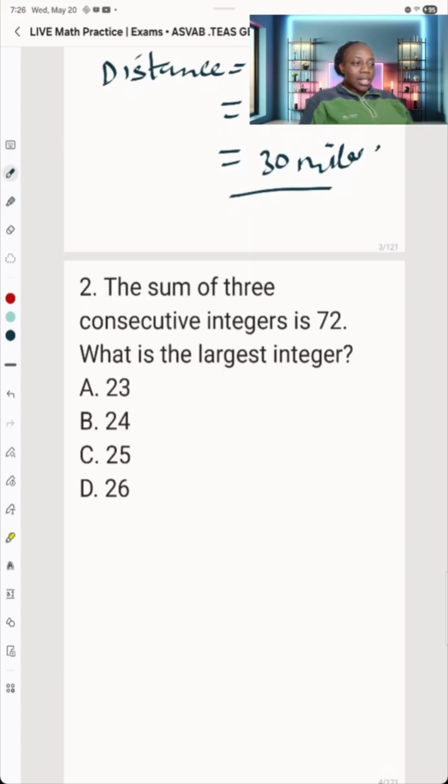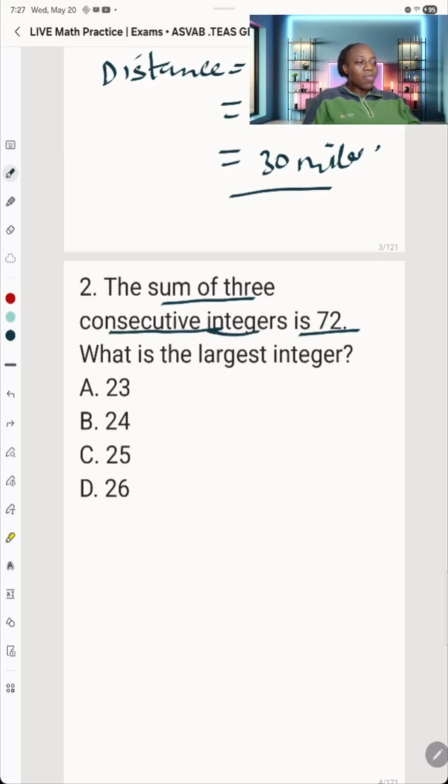This one is saying the sum of 3 consecutive integers is 72. 3 consecutive, sum of them. And the question is asking for the largest number. We don't want to just be adding any numbers together, because when the question says consecutive, that means numbers that follow each other.